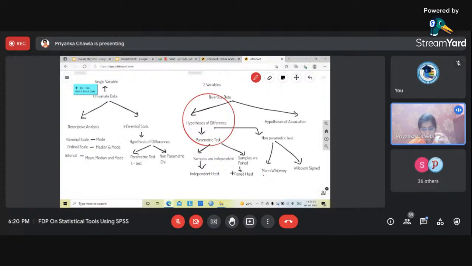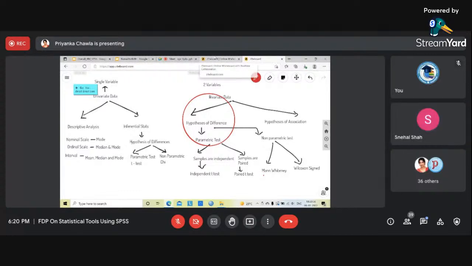So we collected data in the form of interval scale in the case of paired t-test. If I collect data before and after in the form of ordinal scale, we are not using interval scale, then we will be using a non-parametric test. Under non-parametric test, we will be using the Wilcoxon signed rank test. I hope it is clear.